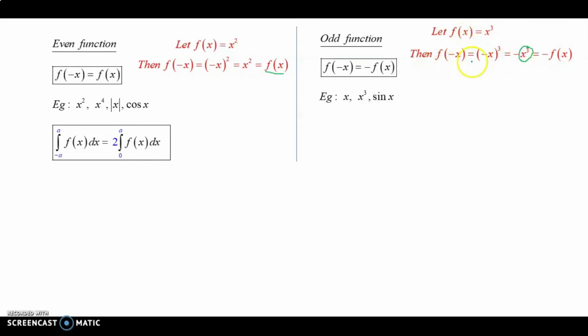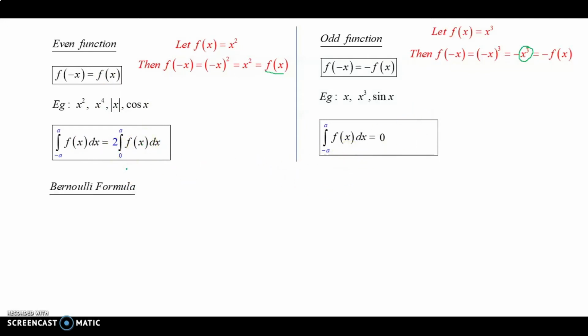So f of minus x equals minus f of x. Therefore, it is an odd function. So if f of x is an odd function, then the integration from minus a to plus a of f of x dx equals 0. So for an even function, this is 2 times the integral from 0 to a of f of x dx. For an odd function, this is 0.